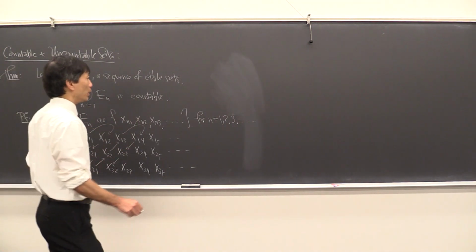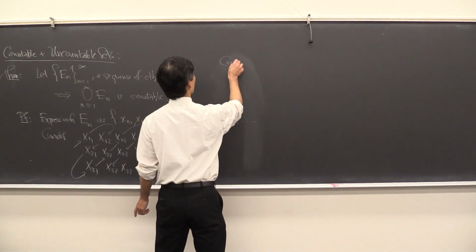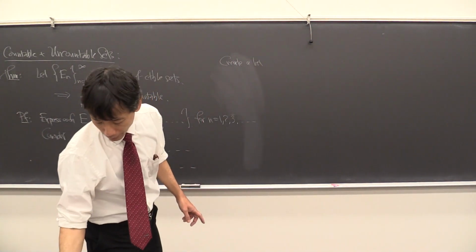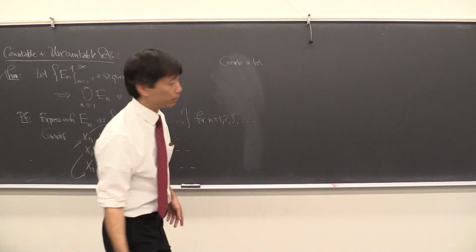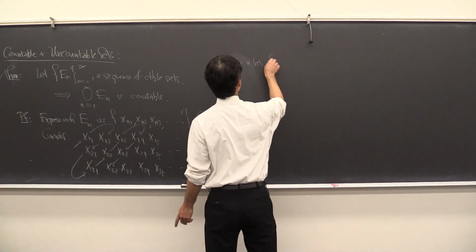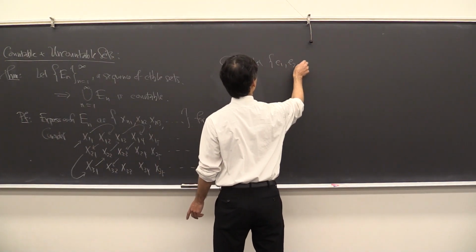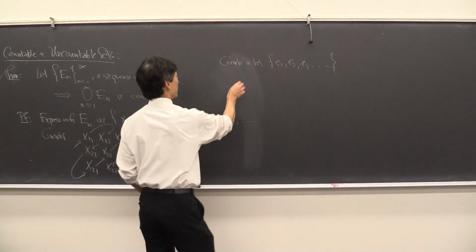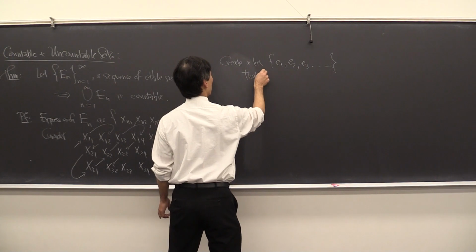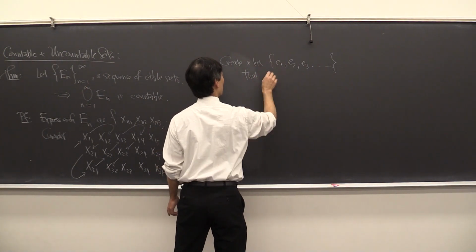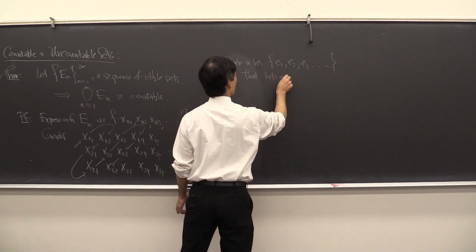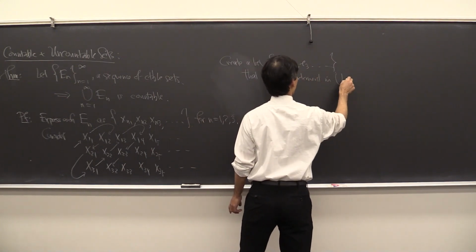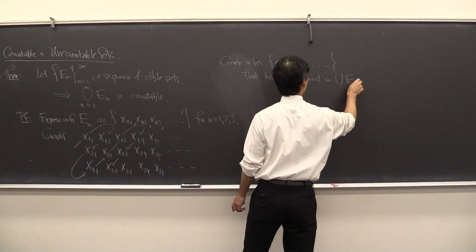So you create a new list. Let's call it e1, e2, e3, etc. That hits every element in the union.